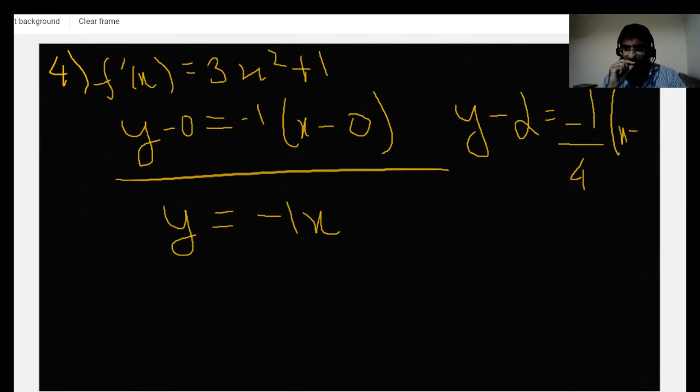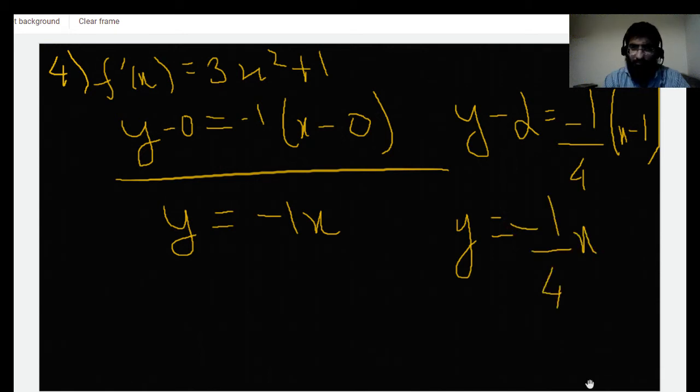So y is equal to minus 1 by 4 x, 1 by 4 into minus 1 gives me 1 by 4, plus 2 gives me 9 by 4.